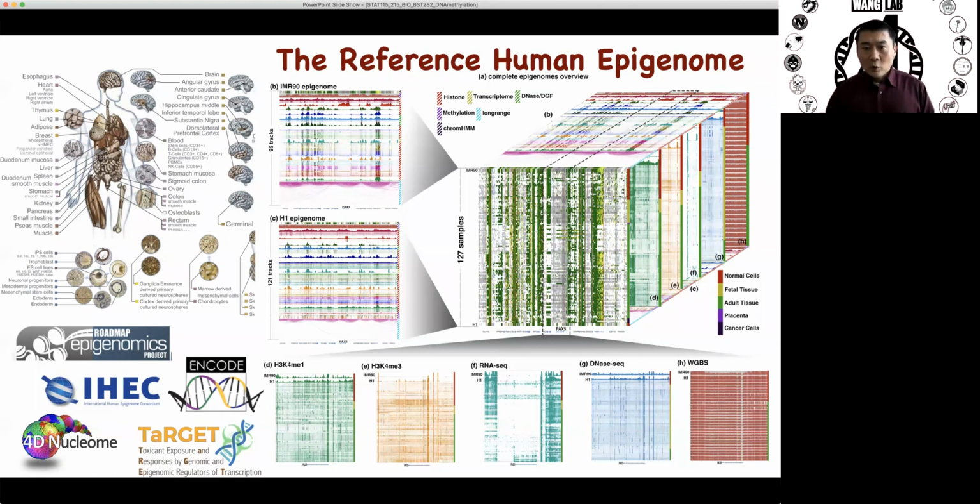So we built a genome browser, and we are now hosting over 200,000 genome-wide epigenomics data now, including DNA methylation, histone modification, and many different data sets. So there are indeed many resources where you can get this data for free and then just have fun.